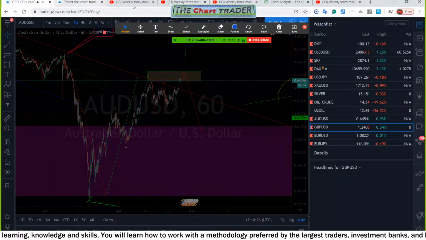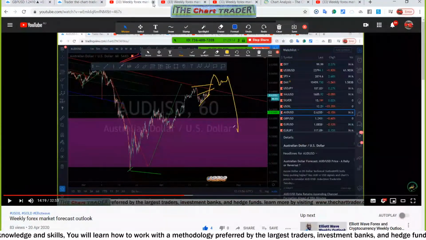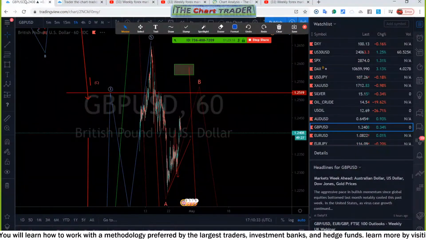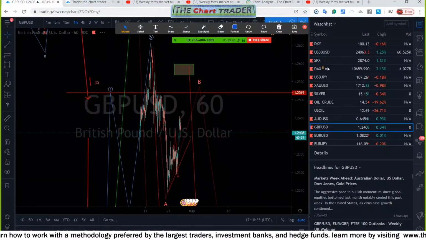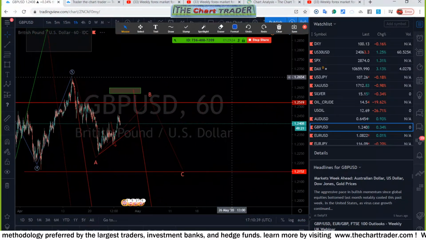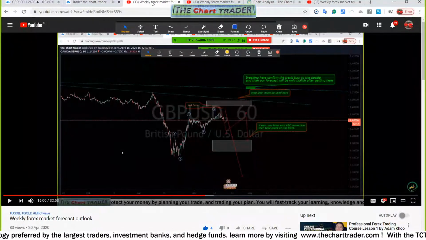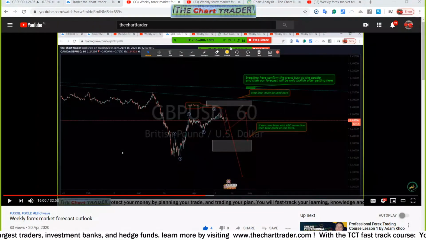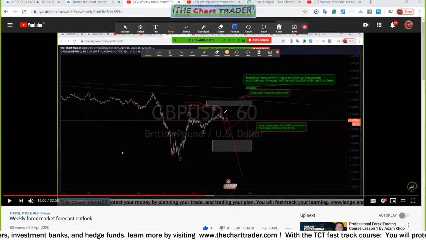Let's move to pound USD. So this is the pound dollar, guys. Let's see what we did anticipate last week. I really forget this. So this is pound USD. So we got that.